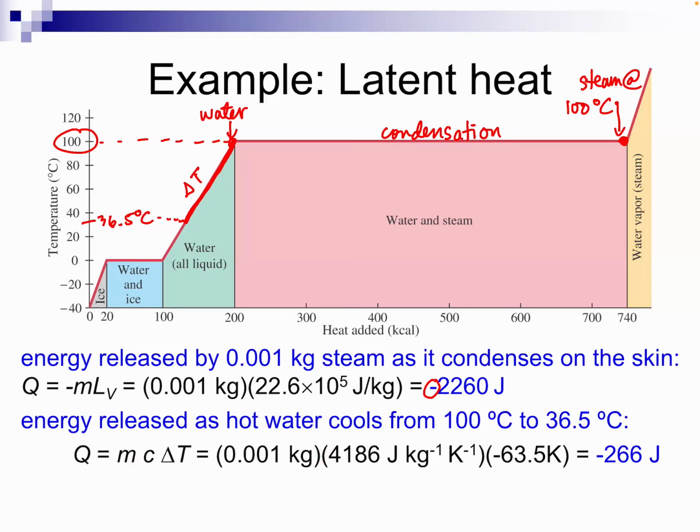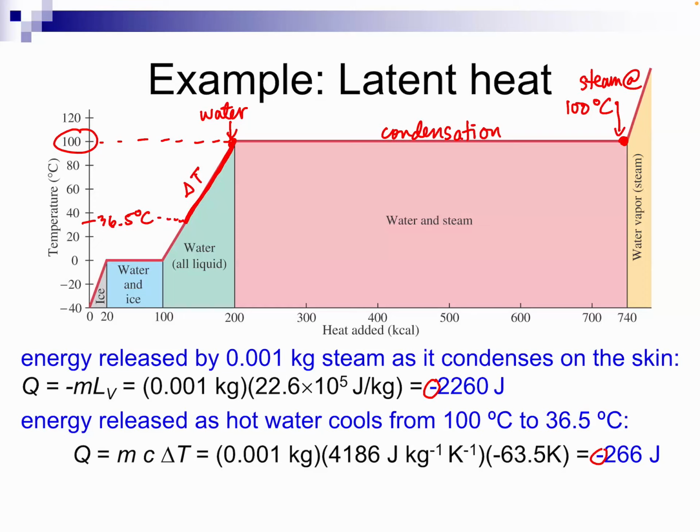The assumption here is that the mass of steam is equal to the mass of the water, because all of the steam has condensed to water, times the specific heat of water and the change in temperature. Again, the negative sign means that water releases energy.